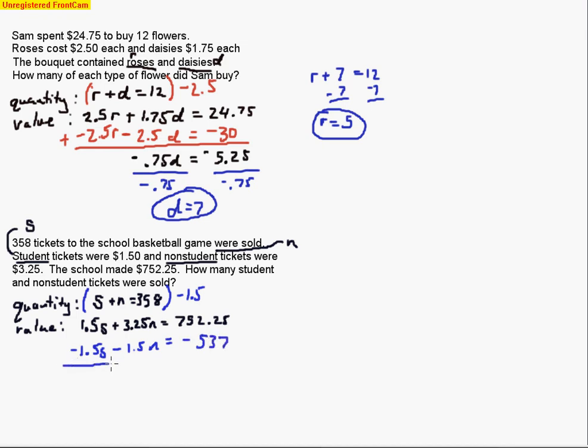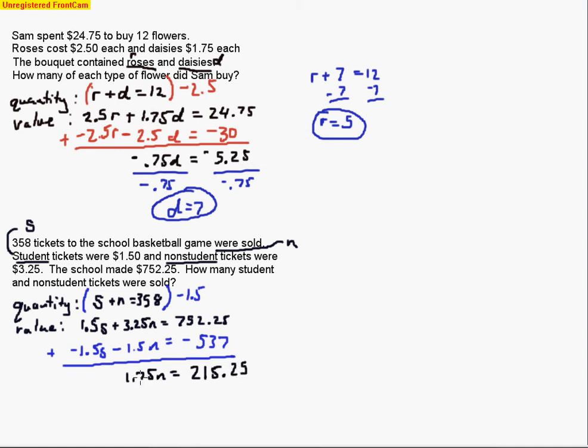So I add these numbers together. When they're opposite signs, you will end up subtracting. So we subtract 3.25 minus 1.5. That gives me 1.75 N equals, and then careful on this one, you have to add those zeros after that 537. So that's 752.25 minus 537. That gives us $215.25.